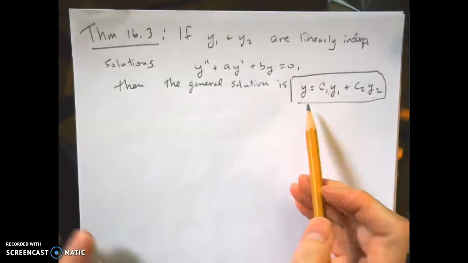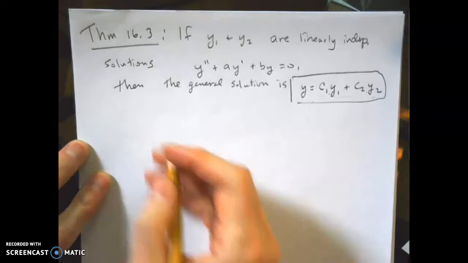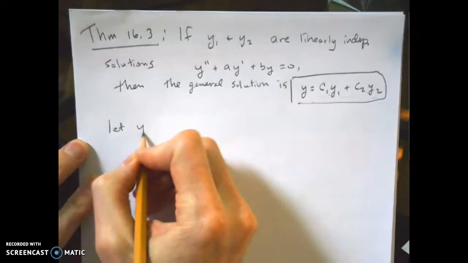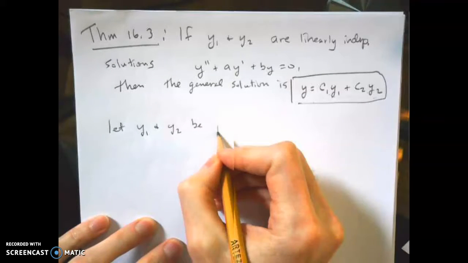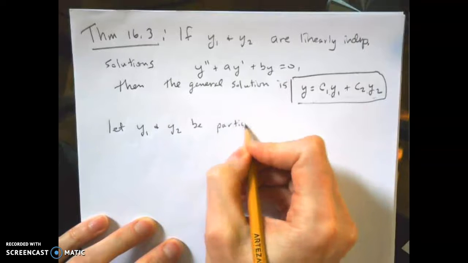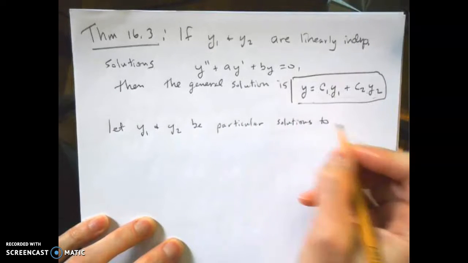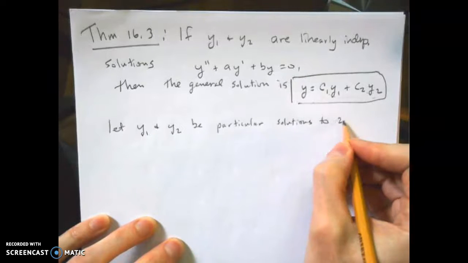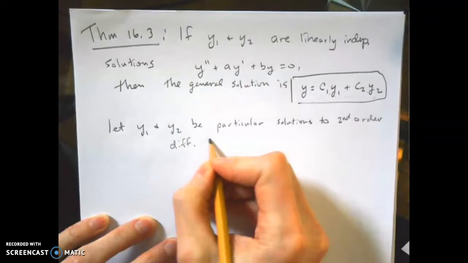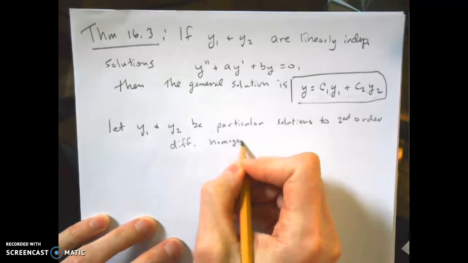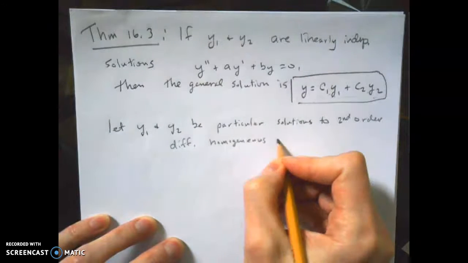And we're going to go through a partial proof of this theorem. Okay. So let's say that y1 and y2 are particular solutions to our second order homogeneous differential equation.